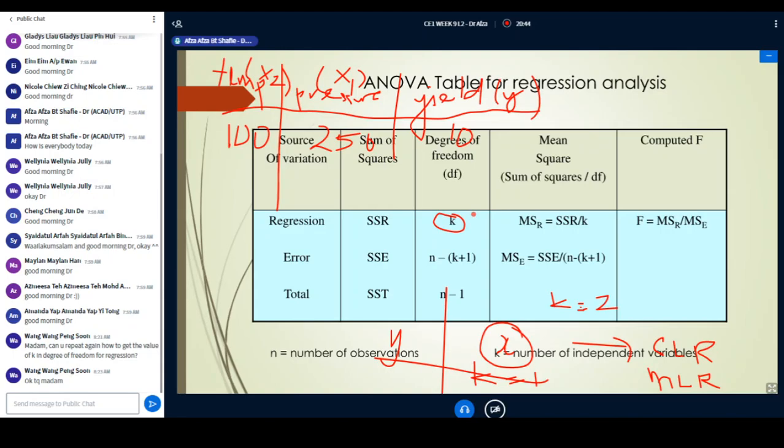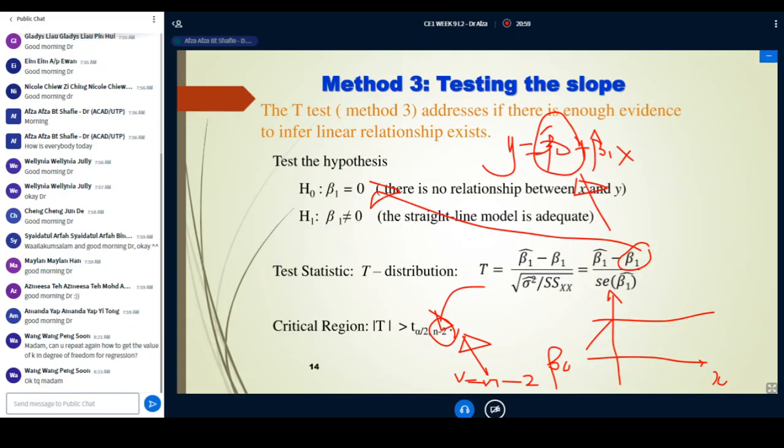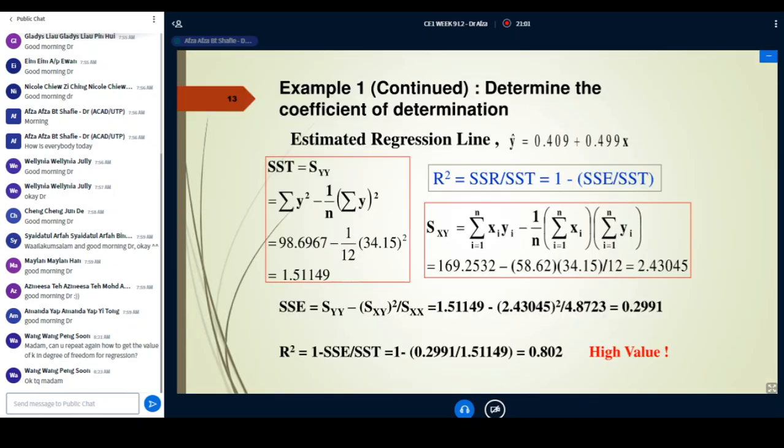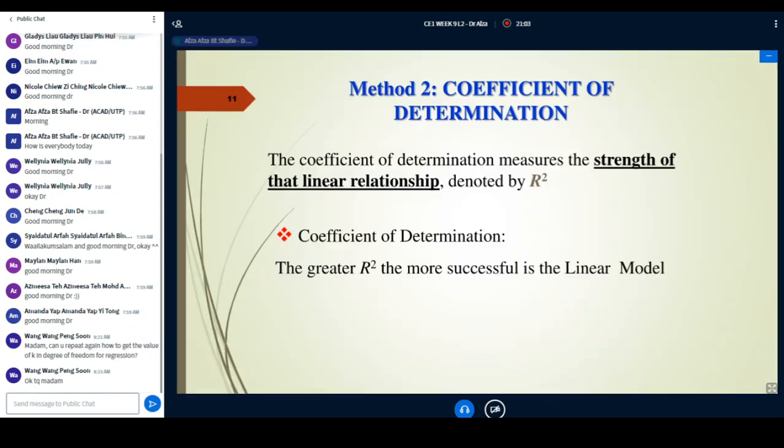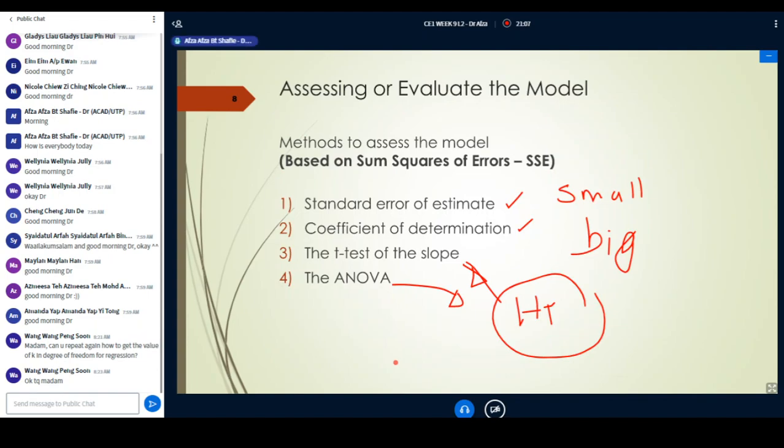Okay, so this is how we do it. Any questions on the testing of the slope? Okay, on the 4 techniques. Basically, if we go back to this, we want a big value of the R squared.